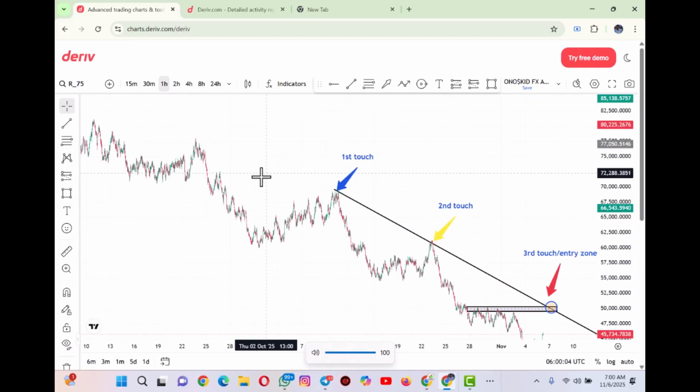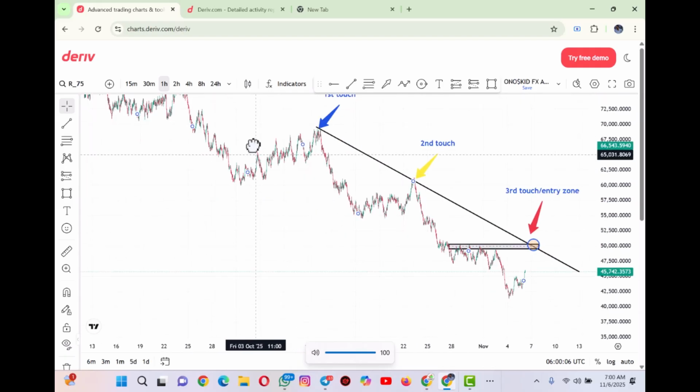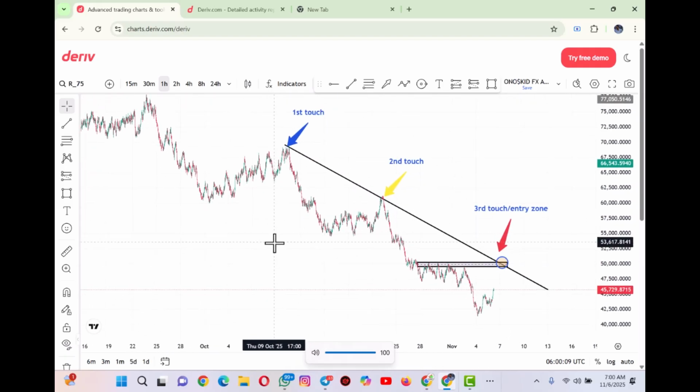Now, this is the current market analysis that I have just done. This one will give you clarity. All these ones are the ones that have played out, but this one is yet to play out. So look at this. We've had our first touch. You can see that I've labeled them perfectly well to avoid any sort of confusion. We had our first touch, our second touch, and then the third touch, which is what I've been able to identify as a resistance level.